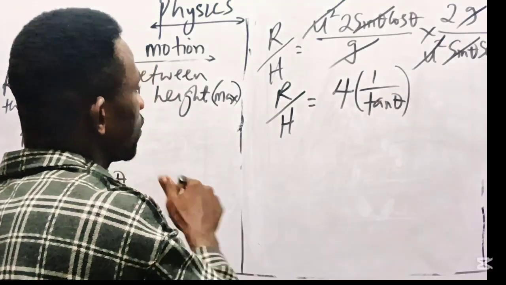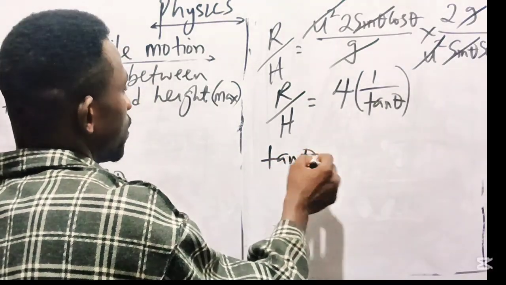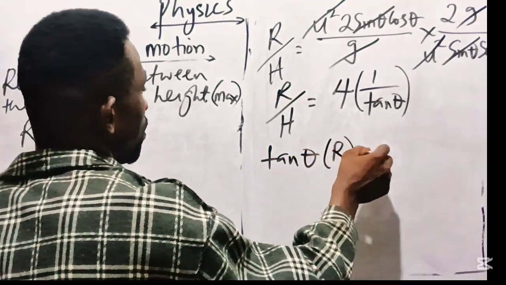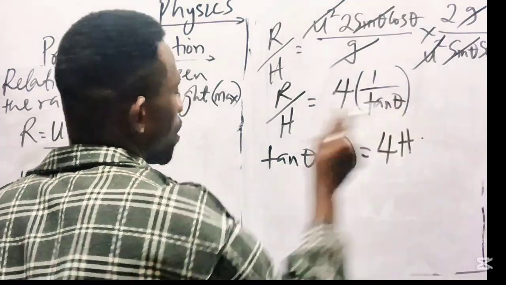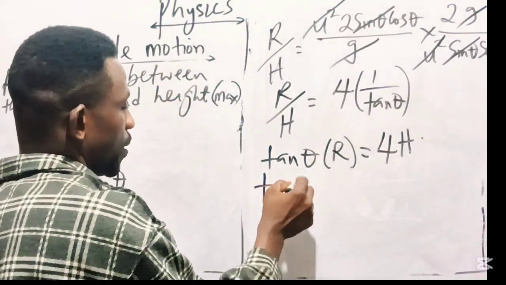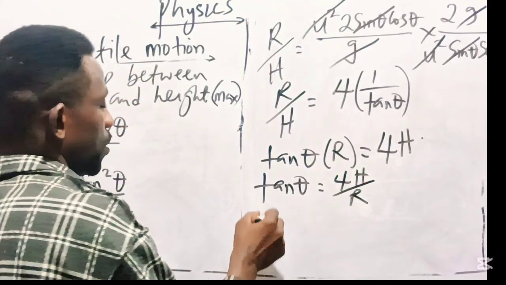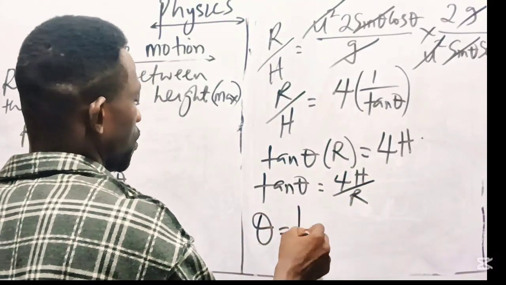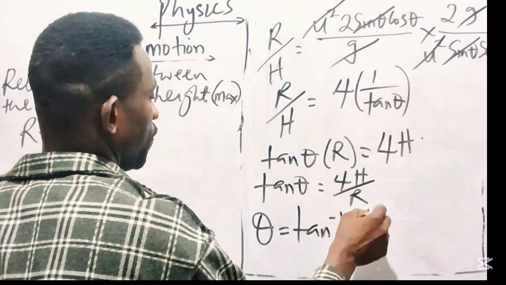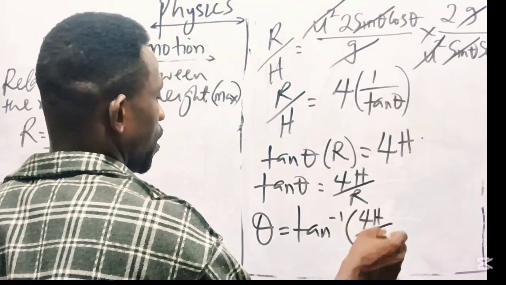We cross and multiply, and we have tan theta times R is equal to 4H. So tan theta is equal to 4H over R, so that theta is equal to tan inverse of 4H all over R.